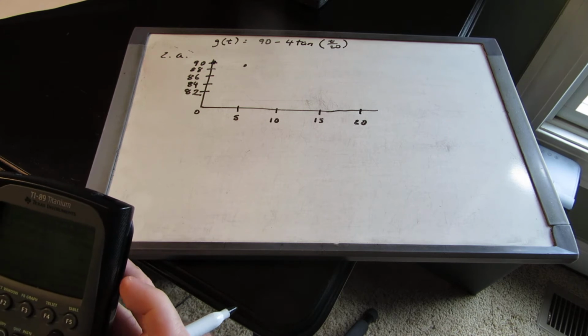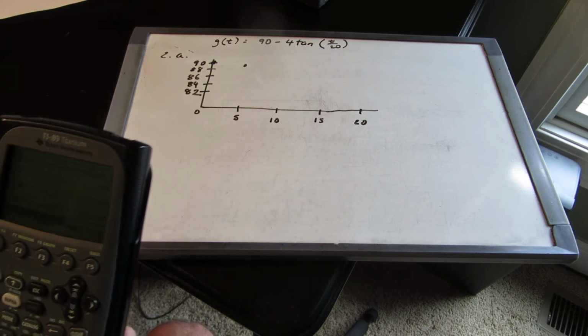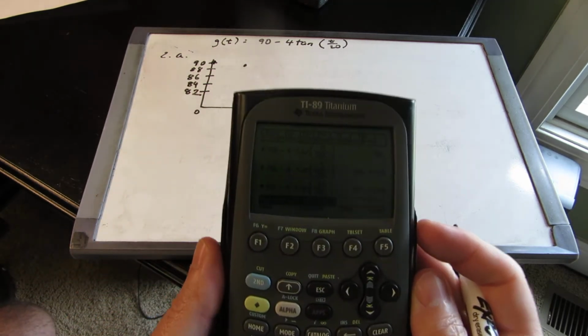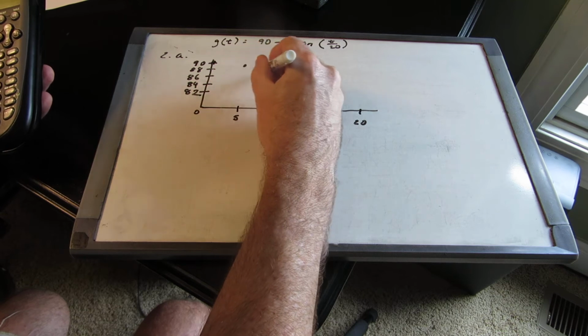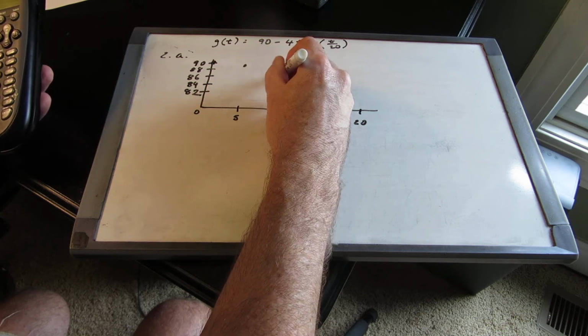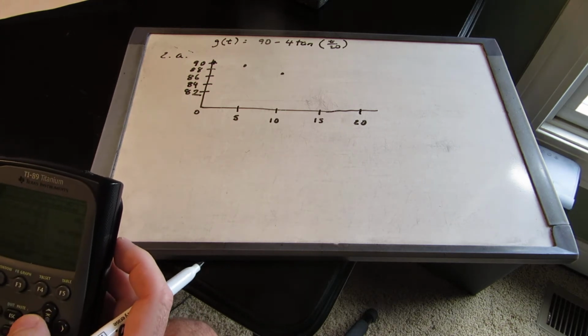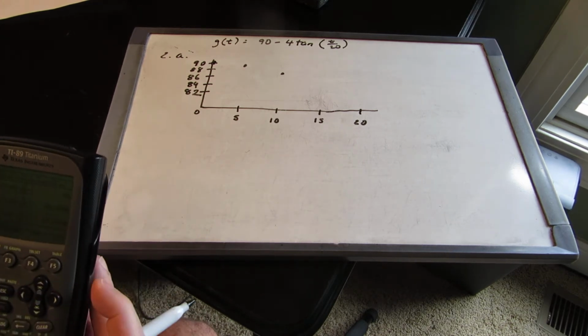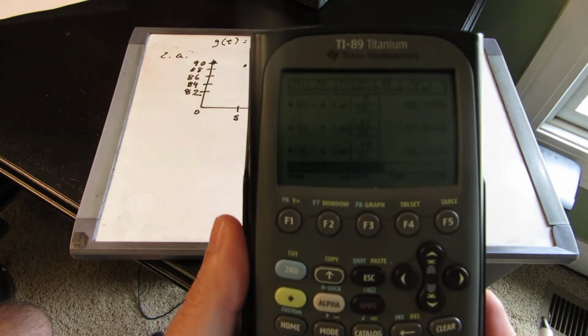Then I'll type in 10 over 20, so I'm just typing over the numbers, and I got 87.81. Okay, so at 10 we're looking at a little under 88. And then I typed in 15 over 20. That's 86.27.